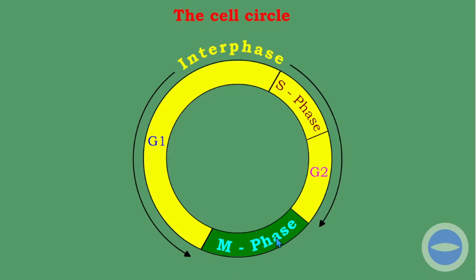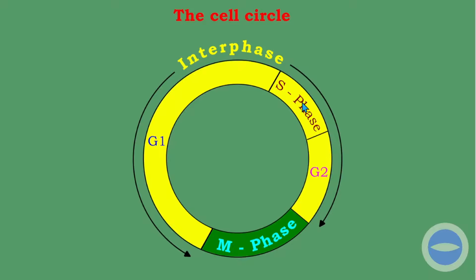We've got the M phase and the interphase, and the interphase is divided into phases. We've got G1, which is the growth phase or gap 1, then the S phase, which we call the synthesis phase, and G2, which is gap 2. DNA replication happens during the interphase, specifically during the S phase. This is where the duplication happens.